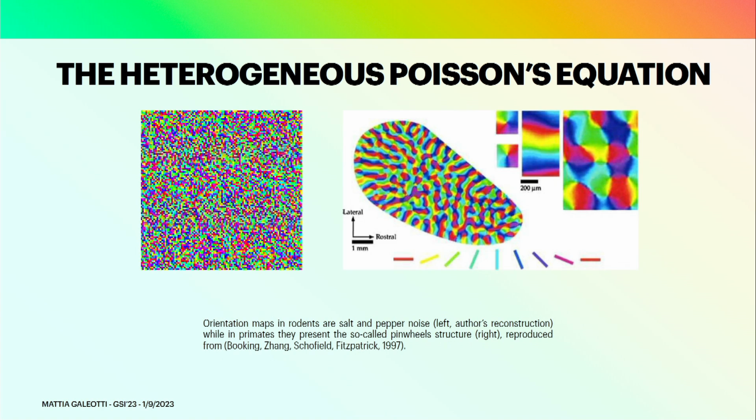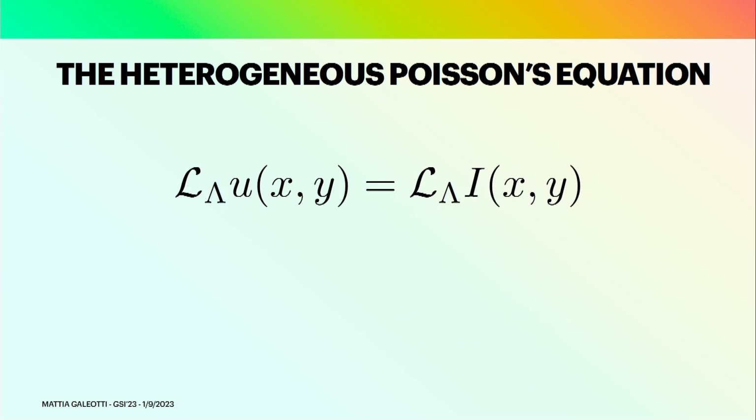We will come back to a possible model for this pinwheel structure. Here we have an image that may make you understand approximately what this more not random distribution that we have in primates looks like.